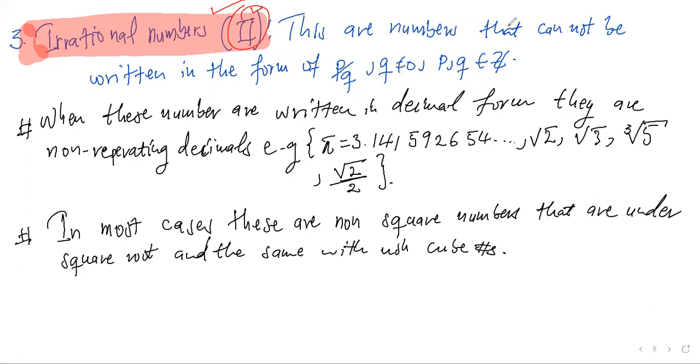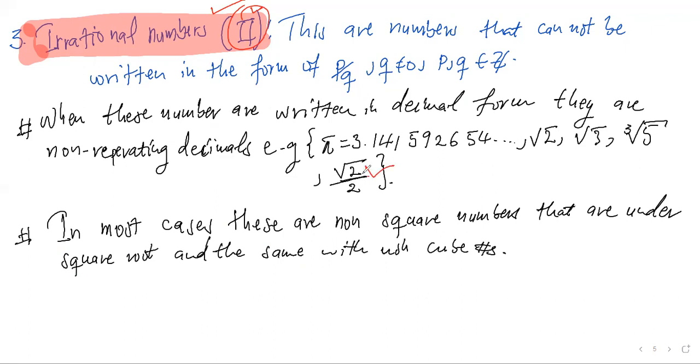These are numbers that cannot be written in the form of P/Q, where Q is not 0 and where P and Q are integers. If at all they can be written as a fraction, that fraction is not going to satisfy either of the two conditions, as we can see in this example.